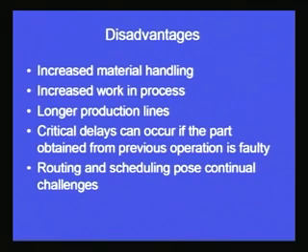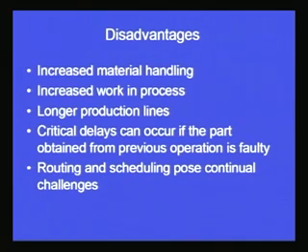So suppose a product goes from one section to another section and most of the product is faulty, or most of the components that have been assembled are faulty, then some delays may take place. Routing and scheduling pose continual challenges. So continuously we have to change the schedules, and these types of problems are easily avoidable in a product type of layout.